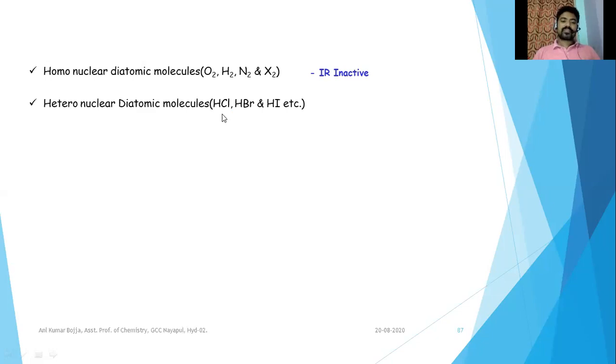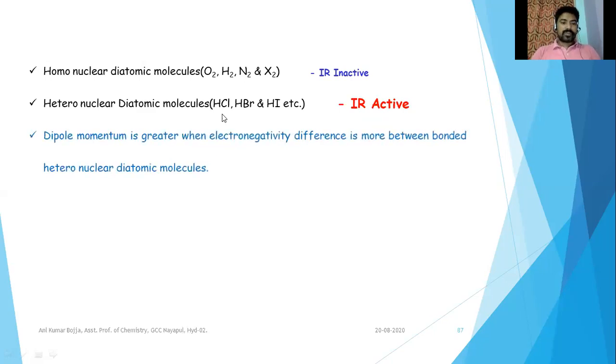With this, we can say that molecules which have a dipole moment exhibit spectra in infrared spectroscopy, and during their vibrations there will be a change in the dipole moment of the molecule, right? These are IR active. The dipole moment is greater when the electronegativity difference is more between the bonded atoms of heteronuclear diatomic molecules.